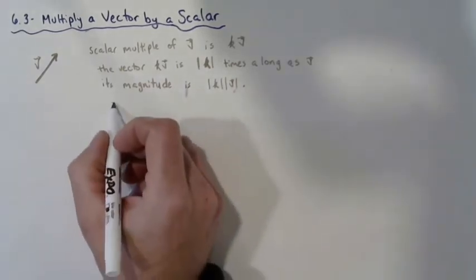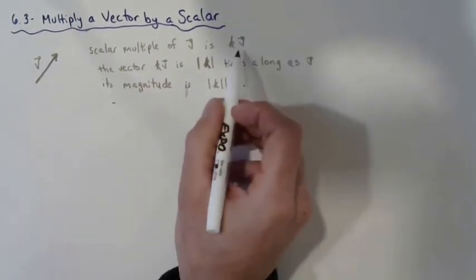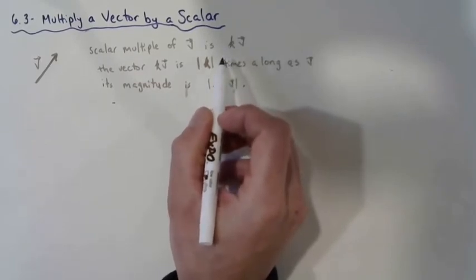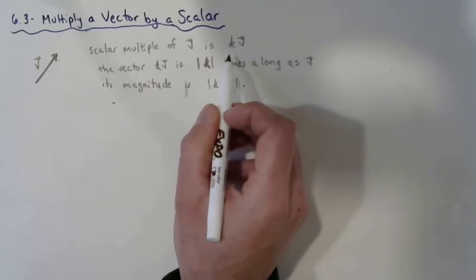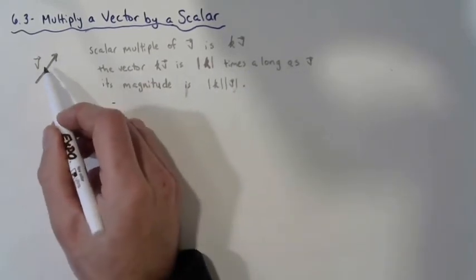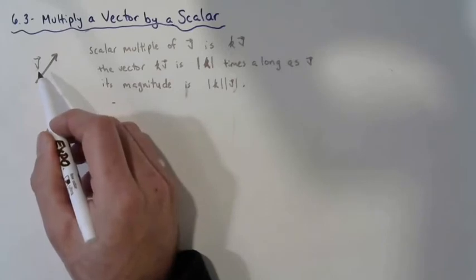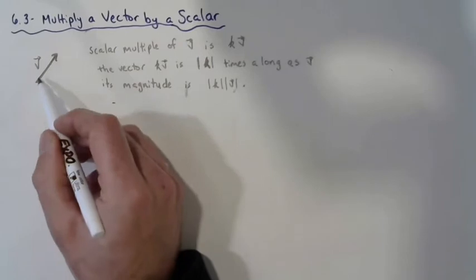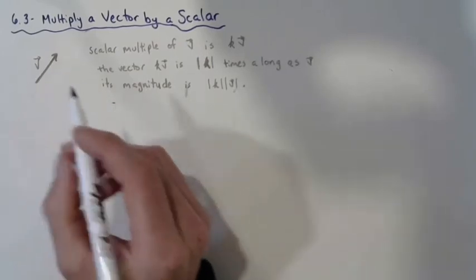A couple other things to note. What can happen to the vector v when you multiply it by a scalar? Well, it's the same as any other integer. If you multiply it by a positive value, it will continue to be represented in the same direction. But if you multiply it by a scalar that has a negative value, if k is less than 0, then we'll be flipping this vector around. It will be heading in the opposite direction.